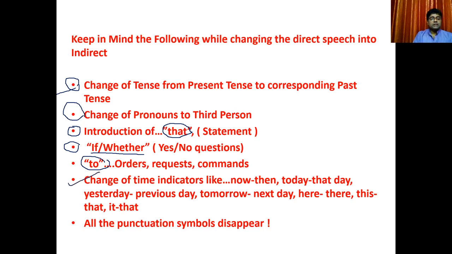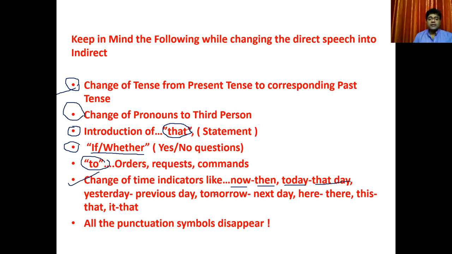Then next rule, please remember here, change of time indicators. In the direct speech, if you say now, in the indirect speech it changes to then. Today changes to that day. Yesterday becomes the previous day, or the day before. Tomorrow becomes the next day or the day after.